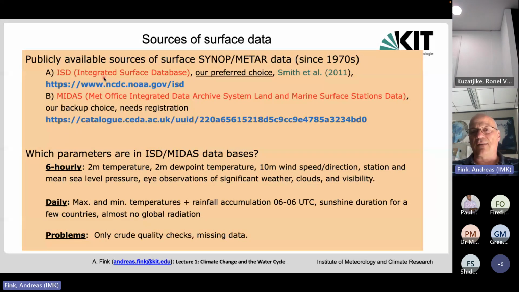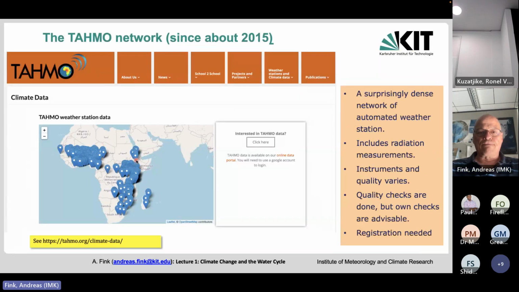So if you need them, this is a public source. There's another source in the UK here. I actually noted which variables at which time resolution you can get. I will not discuss this slide any further, but you will get the slides. And if you need surface data, these are the sources.